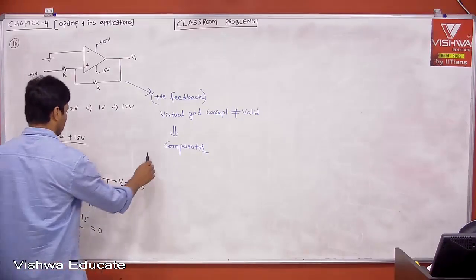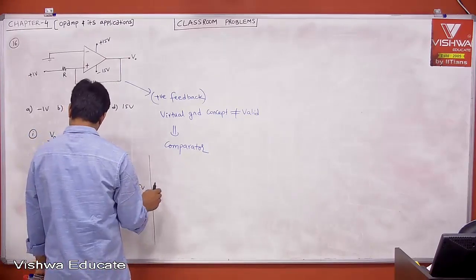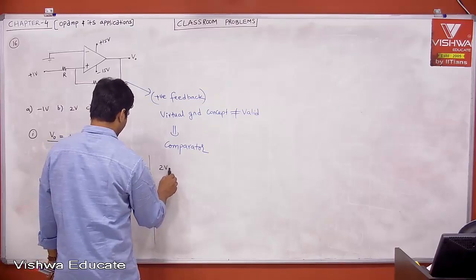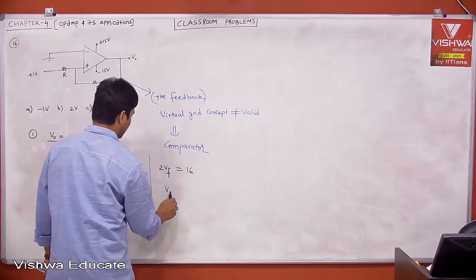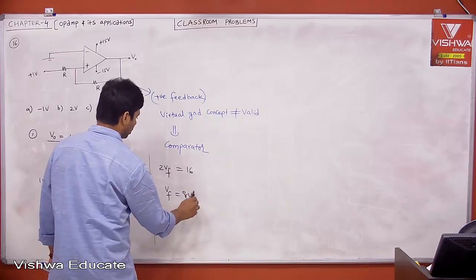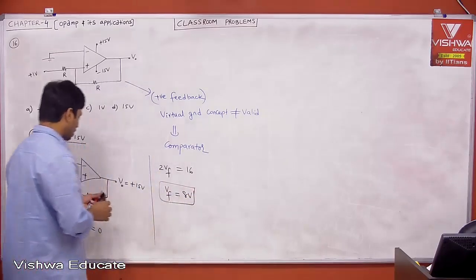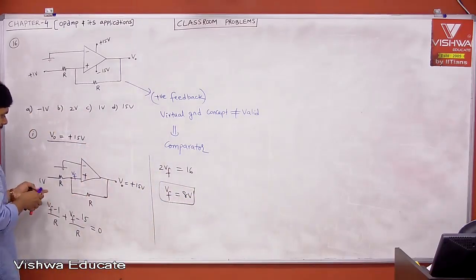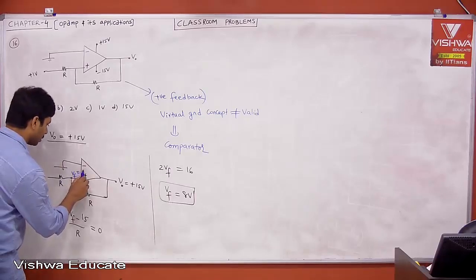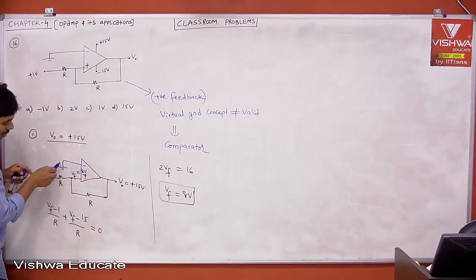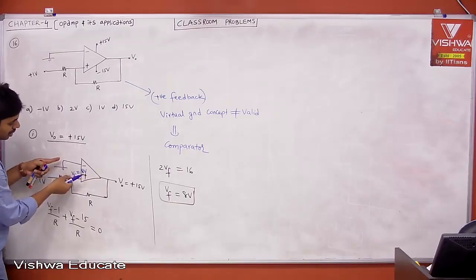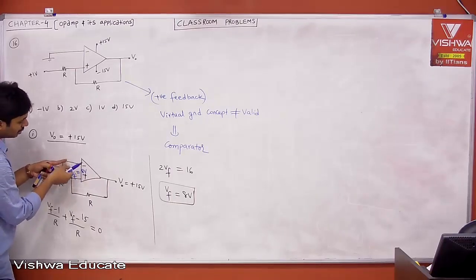Then you will get 2 VF equal to 16, so VF is equal to 8 volts. Now this is 8 volts and this is 0. Which is more? Plus is more.